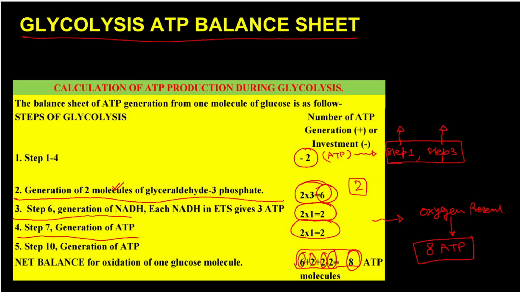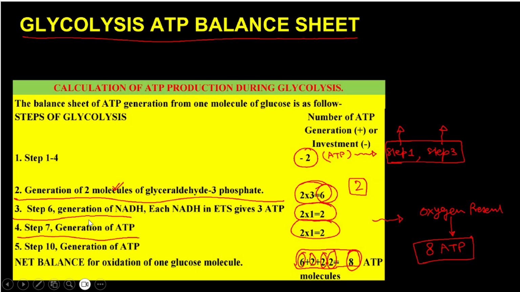If we calculate the ATP production, or form the balance sheet for glycolysis, then at step 1 and 3, 2 ATPs are used, as we have seen. Then two molecules of glyceraldehyde are generated, which is the calculation for the carbon count.